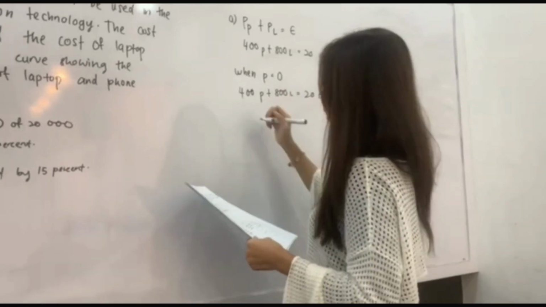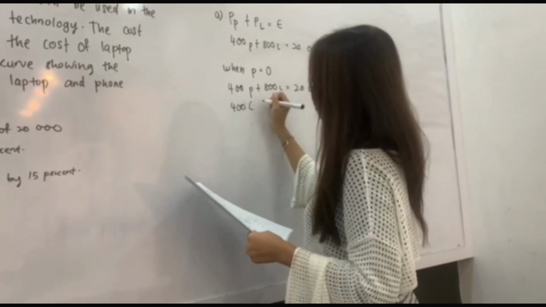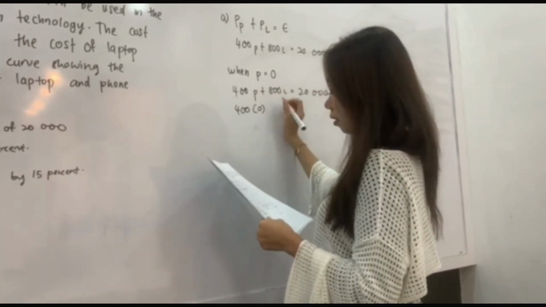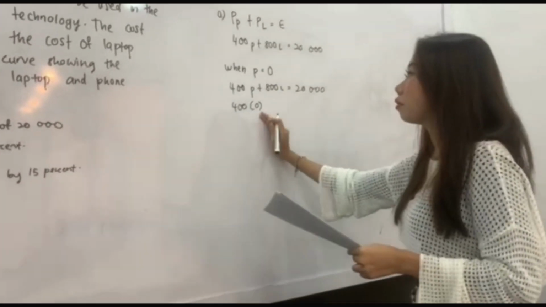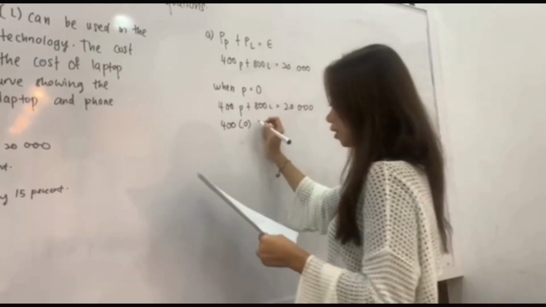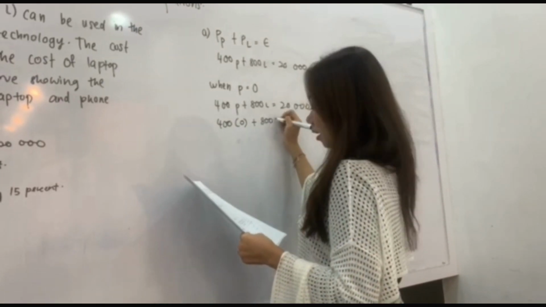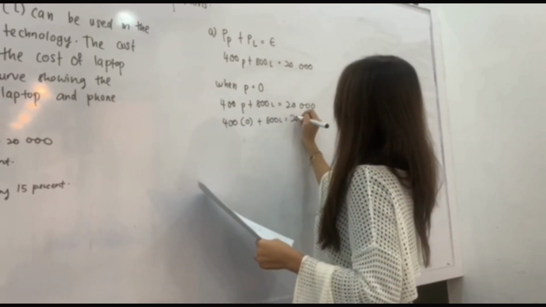Same, the bottom one is also the same. So 400 bracket 0. Where did we get 0? It's from when P equals 0. So 400 times 0 plus 800L equal 20,000.